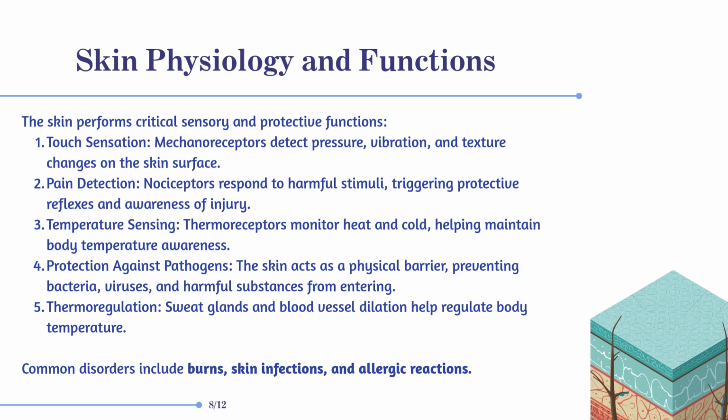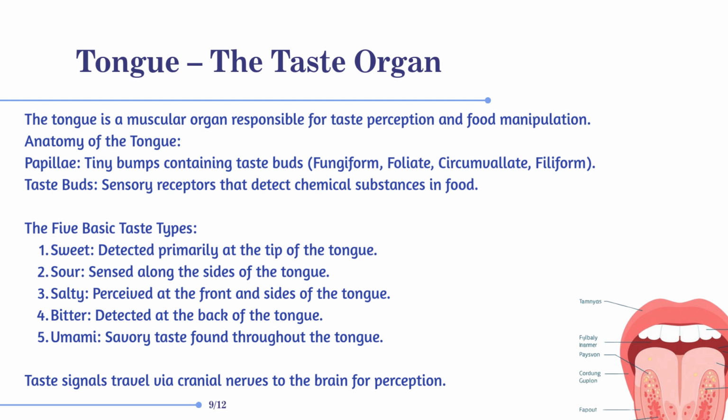Skin performs different sensory and protective functions, just like touch sensation, pain detection, temperature sensing, protection against pathogens, and thermoregulation. And in the last, we have disorders of skin, just like burns, skin infections, and allergic reactions.